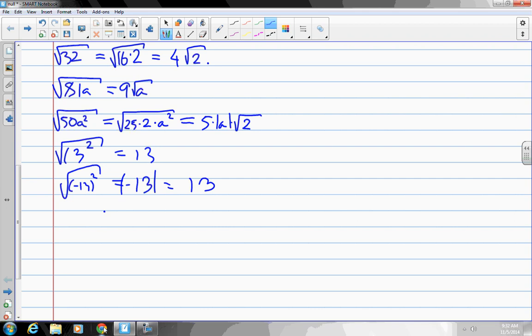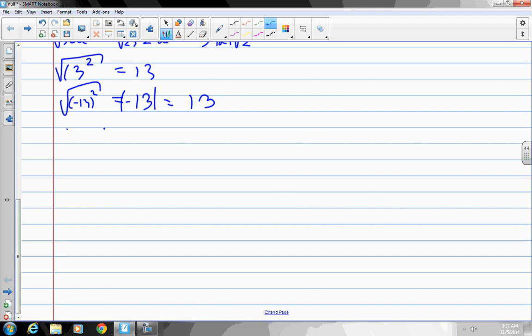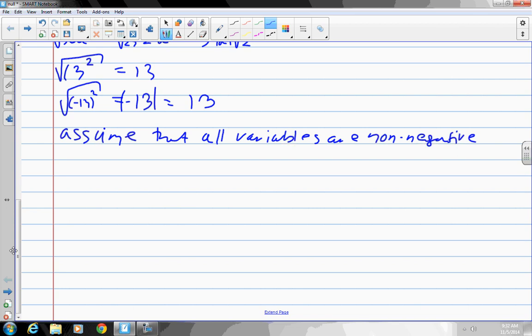So anyways, if I tell you to assume that all variables are non-negative, then you don't have to worry about absolute values at all.